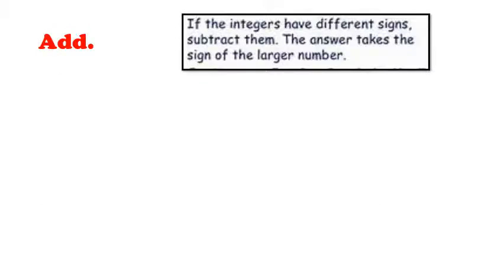Now I want to explain the second case. If the integers have different signs, I'll subtract them and the answer takes the sign of the larger number. Start with example number 1. I want to add negative 6 plus positive 4.